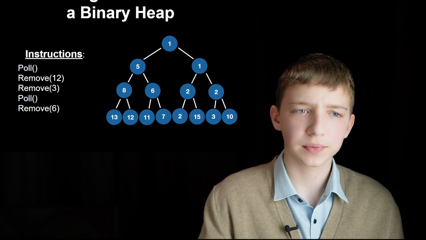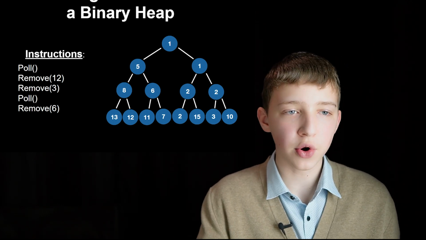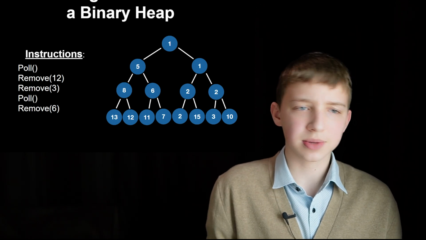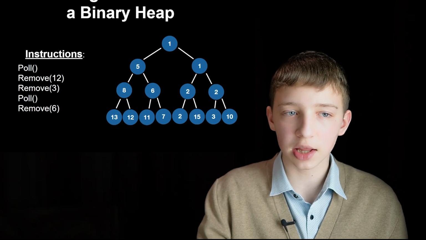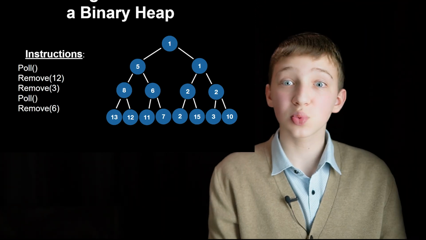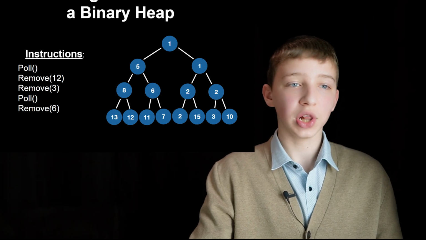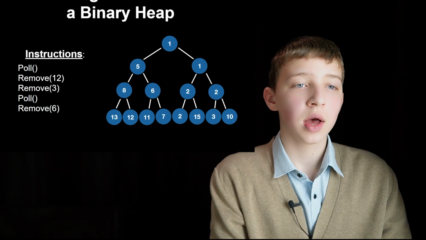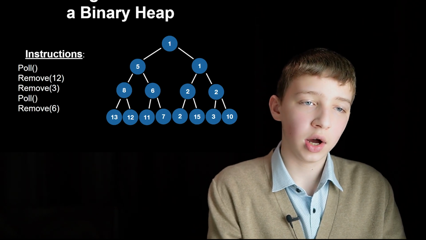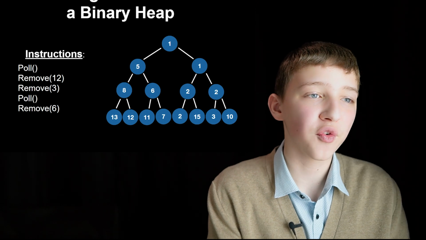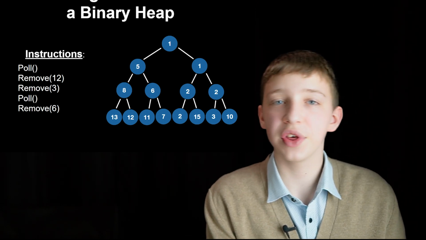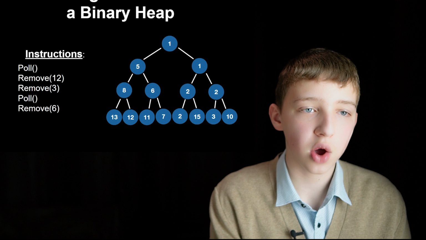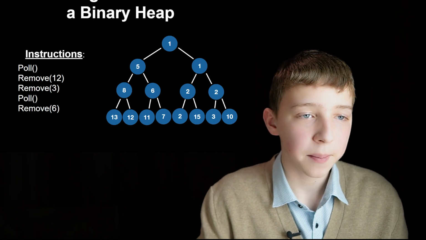In heaps it has the highest priority, so it is either the smallest value or the largest value. When we remove something, we call it just removing. But when we remove the root node, we call this pulling.